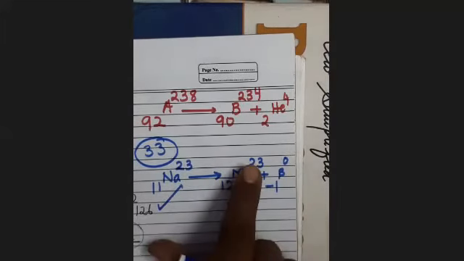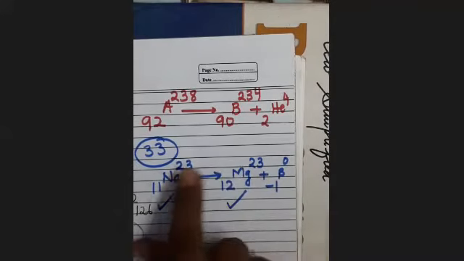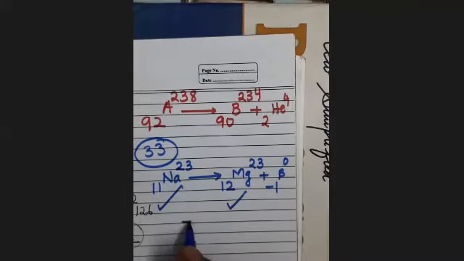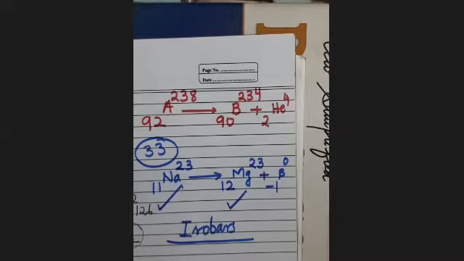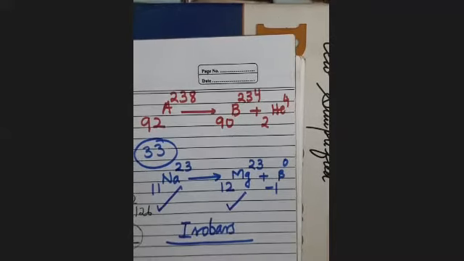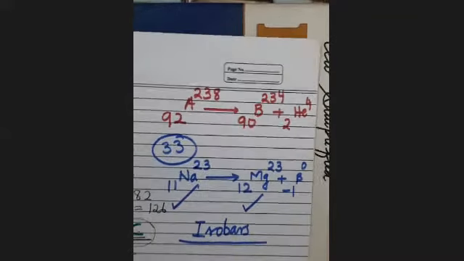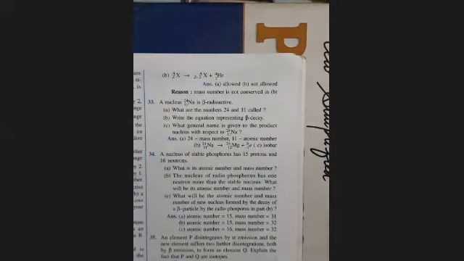So you can see their mass number is same. Mass number is same, therefore they are isobars. We will write that these are the isobars. It's clear? Because having the same mass number. So this is the general name.